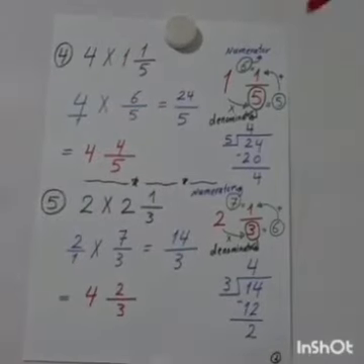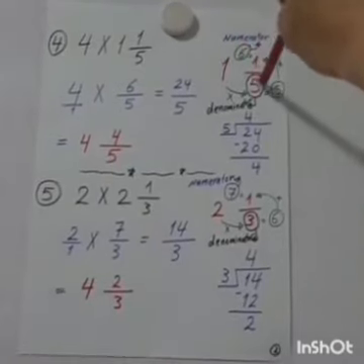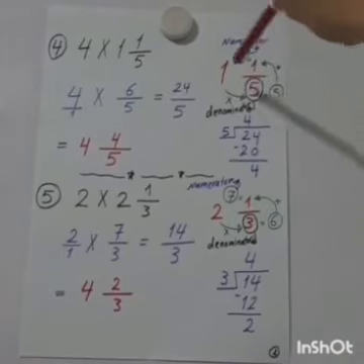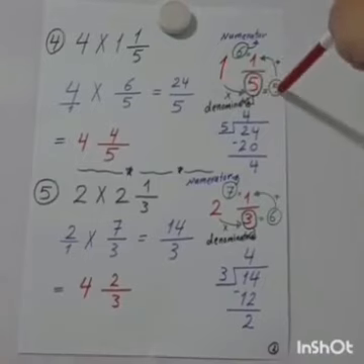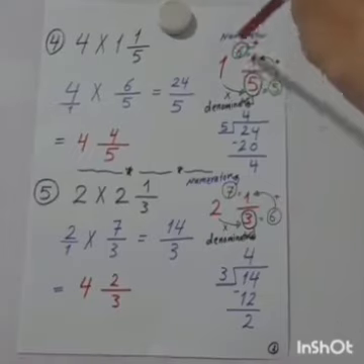Look here. I have 1 1/5. Like I told you, it's a circle. Do you see a circle like this? 1 times 5 equals 5, plus 1 equals 6.